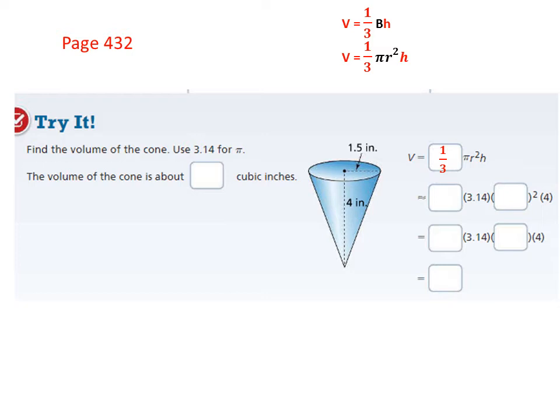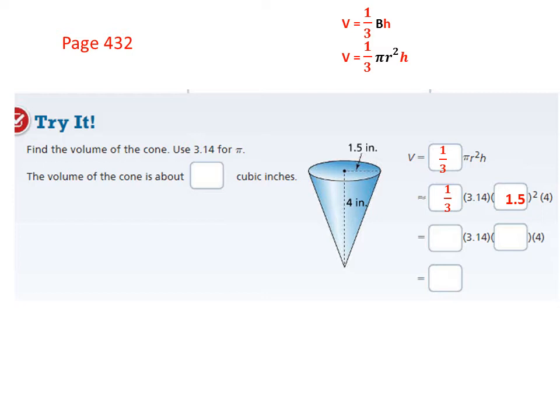Now substitute with the values of r and h, so V equals 1/3. The question says use 3.14 for pi, so 1/3 times 3.14 times, substitute r with 1.5, so 1.5 squared, and instead of h write 4, so times 4.